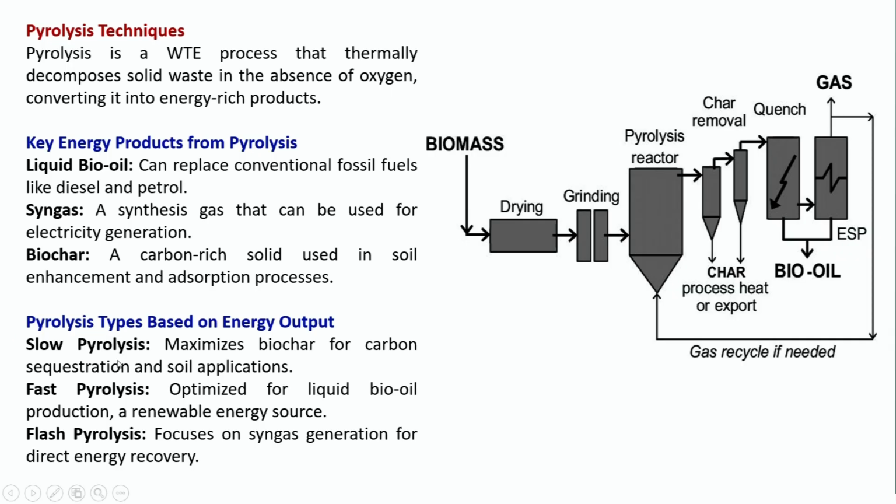So you may have slow pyrolysis, which maximizes biochar for carbon sequestration and soil application. Fast pyrolysis is optimized for liquid and biofuel production. That means if you are going ahead with high temperature, definitely the pyrolysis is going to yield that sort of oil. And then flash pyrolysis focuses on syngas generation or direct energy recovery, and is mostly used for electricity generation.